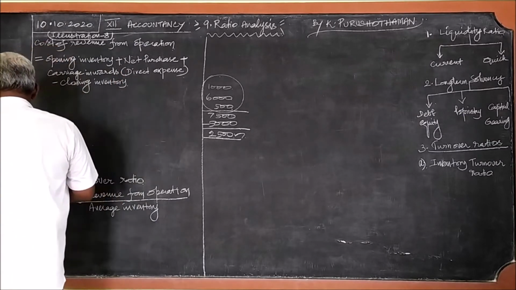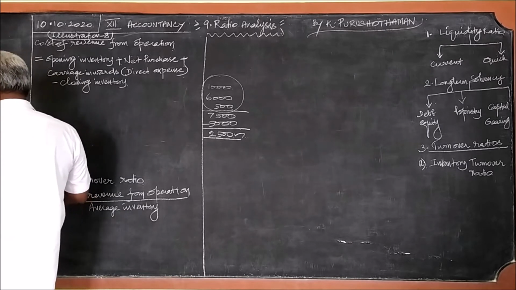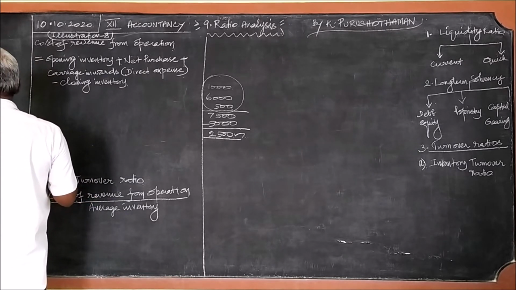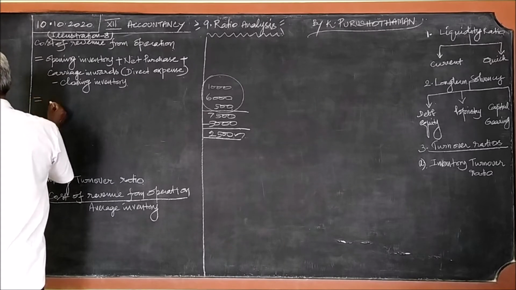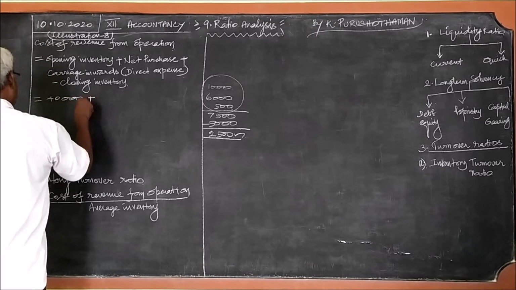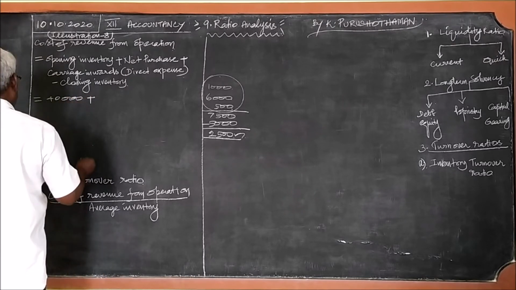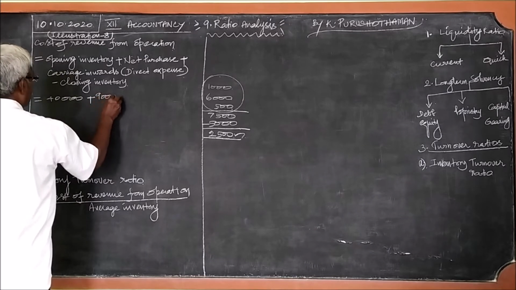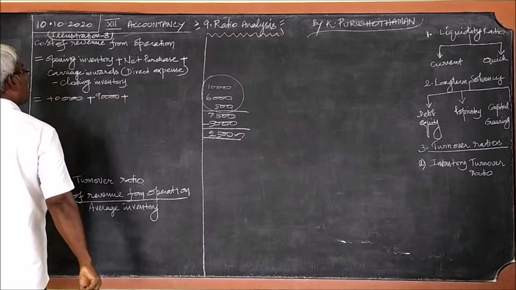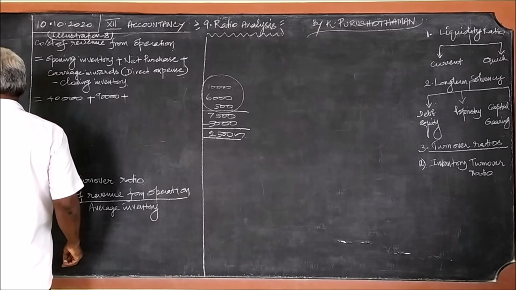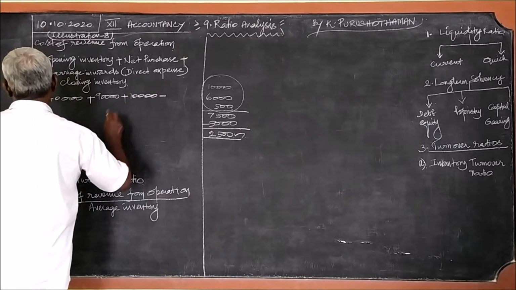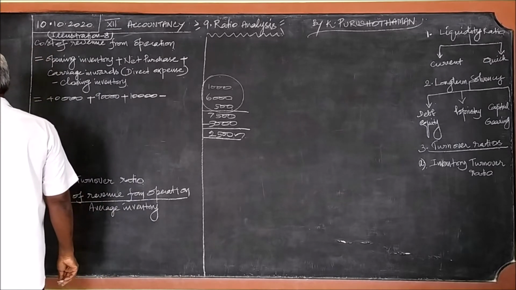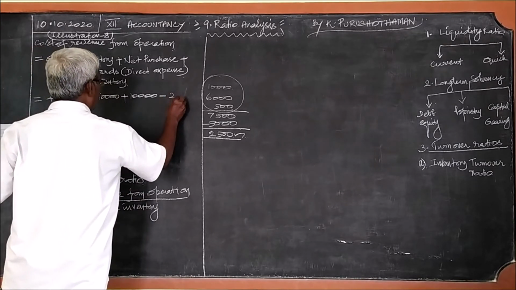Now you can substitute the values. Opening inventory is 40,000 plus net purchase made during the year 90,000 plus carriage inwards 10,000 minus closing inventory, that is inventory at the end of the year, 20,000.